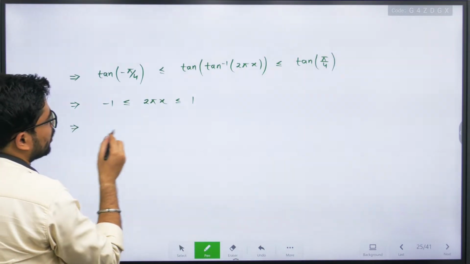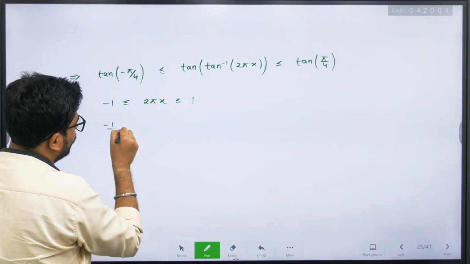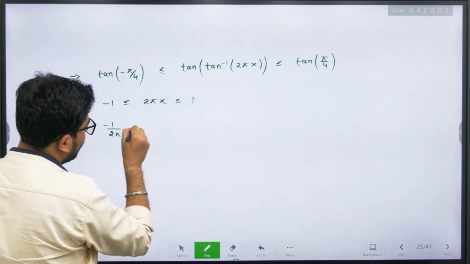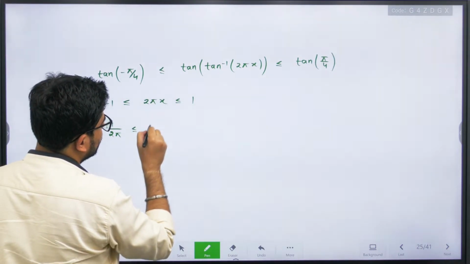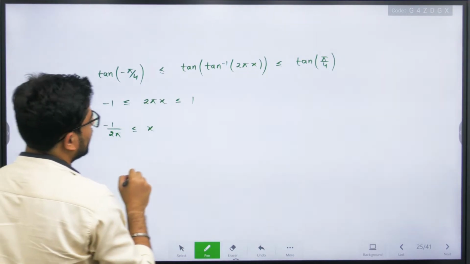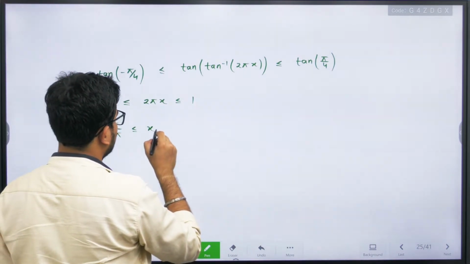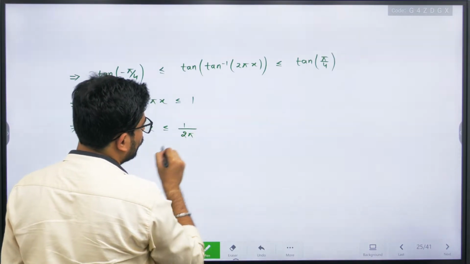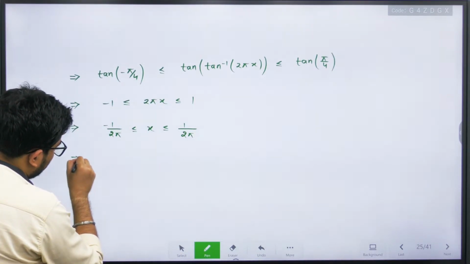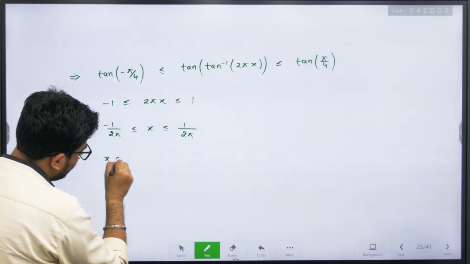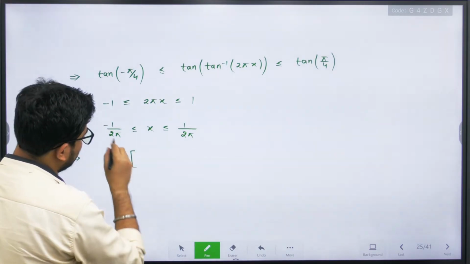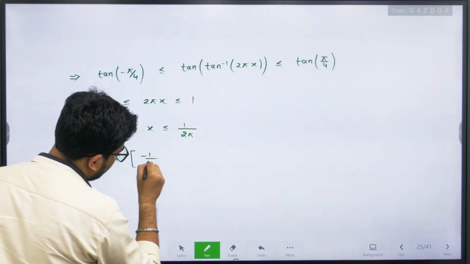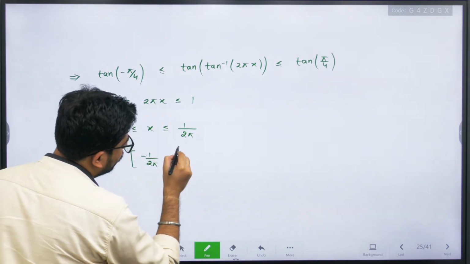Now divide by 2 pi on both sides, you will get minus 1 by 2 pi less than equal to x less than equal to 1 by 2 pi. So from here you can say x belongs to closed interval minus 1 by 2 pi to 1 by 2 pi.